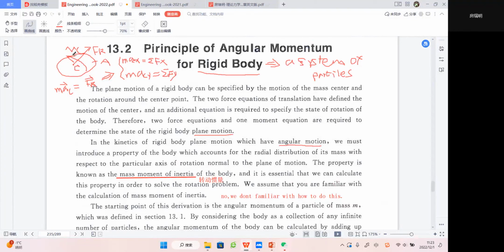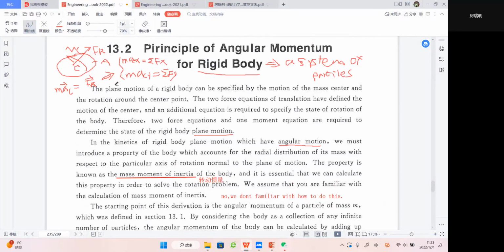If we treat the two independent motions as happening one after another, you will find the problem becomes very easy to finish.